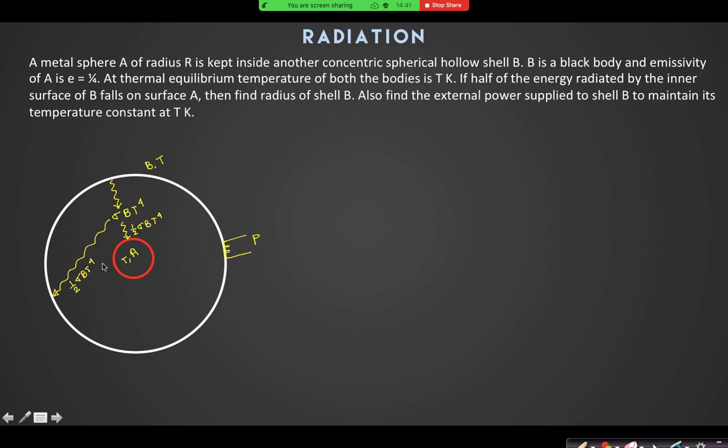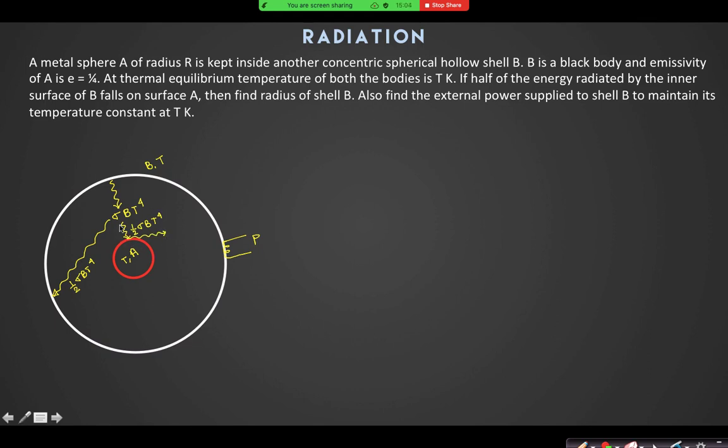Now come to the body A. As it is not a black body, few part of the incident energy that is falling on it will get reflected.